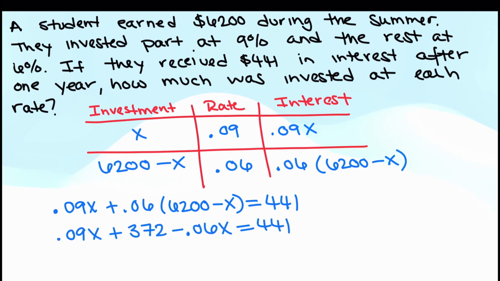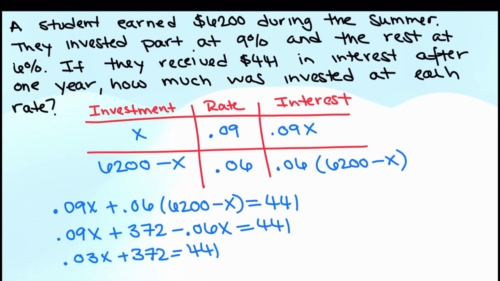I'm going to distribute the 0.06, so now I've got 0.09x plus, 0.06 times 6,200 is 372, and then 0.06 times negative x is negative 0.06x, and that has to equal 441.